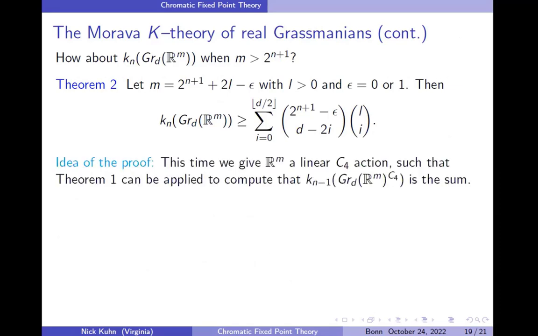But this time we had to give it a C4 action, and a C2 wasn't rich enough, and you take its fixed points, and you find you're in a situation where what you already proved on the previous slide applies to all the pieces. And it's C4, by the way. If we're looking at fixed points for Grassmannians, you're looking at d-dimensional sub-representations.